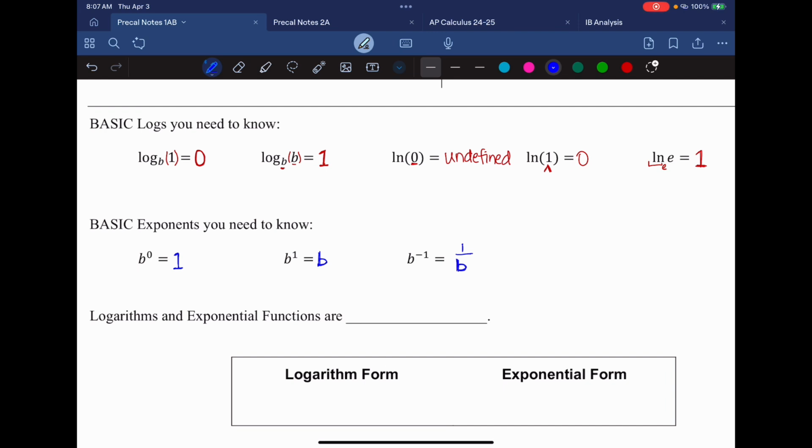The value of the exponent doesn't change, so it'd still be b to the first, but by moving it to the denominator, you can lose the negative in the exponent.